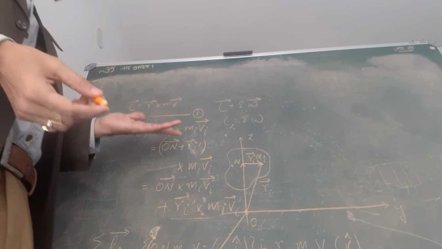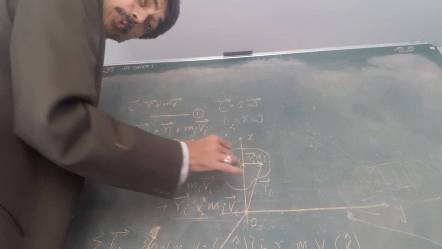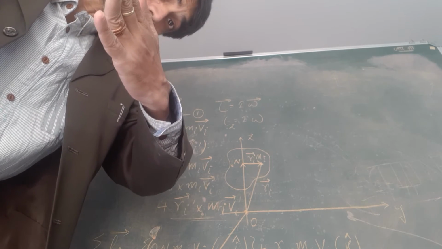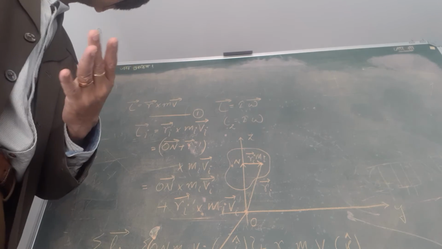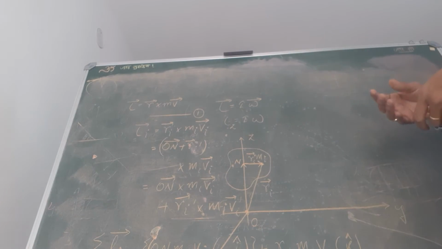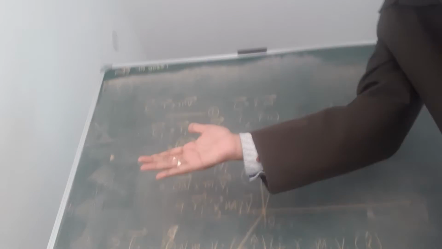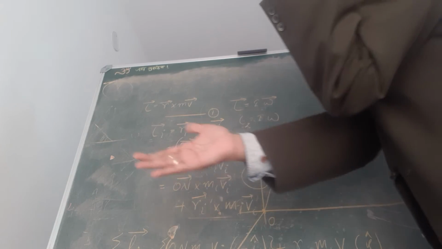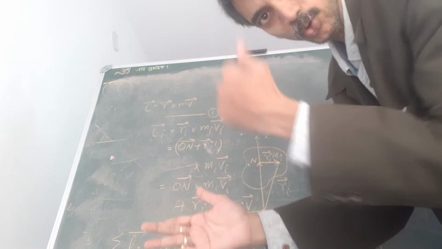Let us take another particle, as we took in the previous case. For this particle out here, MiVi is outward, right here. And Ri prime is the same as we took for the particle when we went for the first factor. So this is the new Ri prime, and this is MiVi. Quite over here I am into choreography.